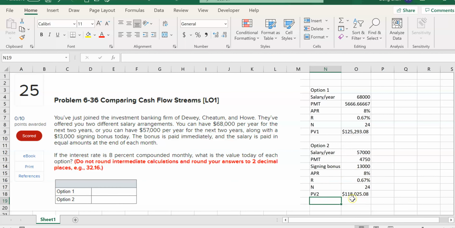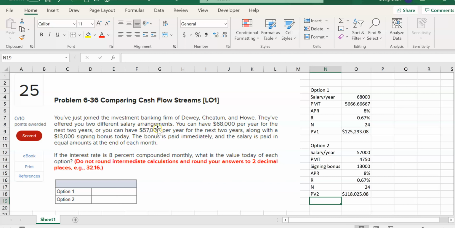If you compare these two, you can see that the first option is more attractive, because its present value is higher than the present value of the second option. Even though the second option gives you a signing bonus, the signing bonus does not compensate for the lower annual salary.